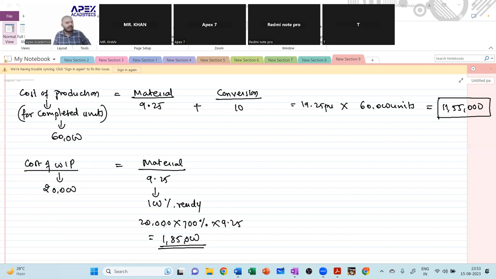I beg pardon, 1,85,000. So 20,000 units are in WIP, 100% ready from the perspective of materials. All these 20,000 units have incurred 9.25 per unit, so I have already incurred this much in the period of production.